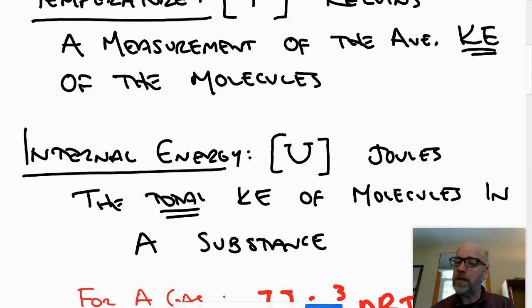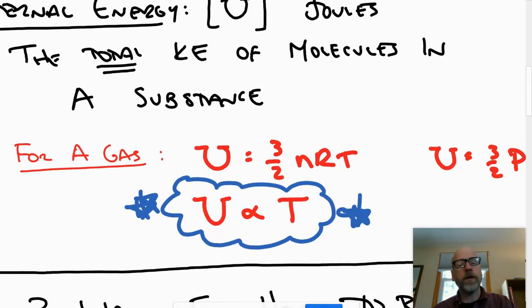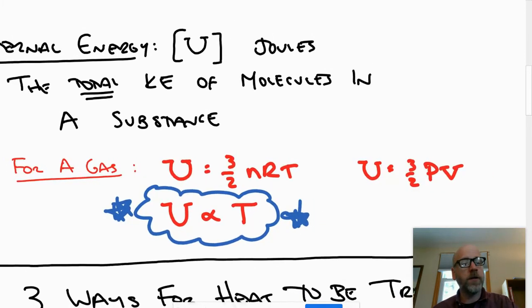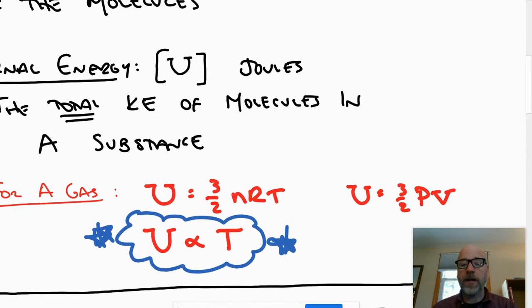Temperature is a measurement of the average kinetic energy. The internal energy is the total kinetic energy in a substance. In a gas, we showed last unit that U is 3/2 nRT, or it could be 3/2 PV, but the real key is the internal energy is related to the temperature.